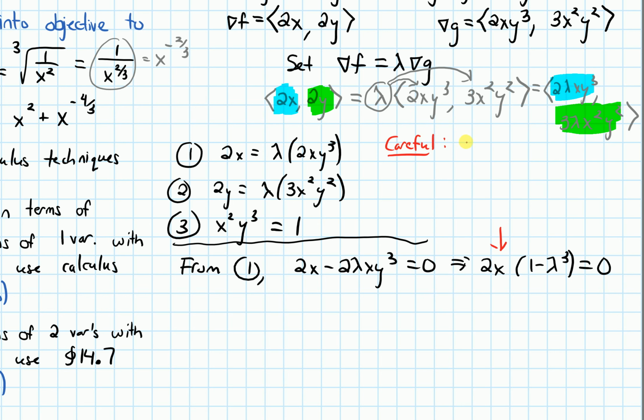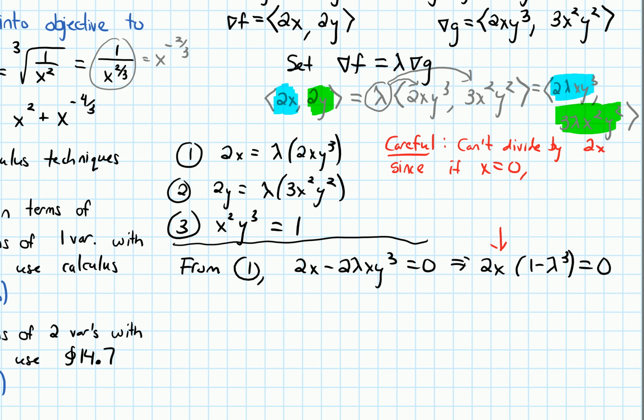We can't divide by 2x, since if x equals 0 is one of our solutions, we'd be dividing by 0, and that's not legal.